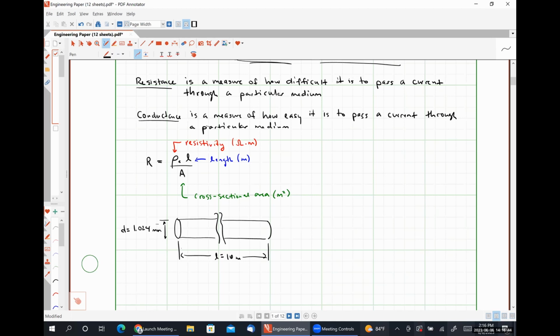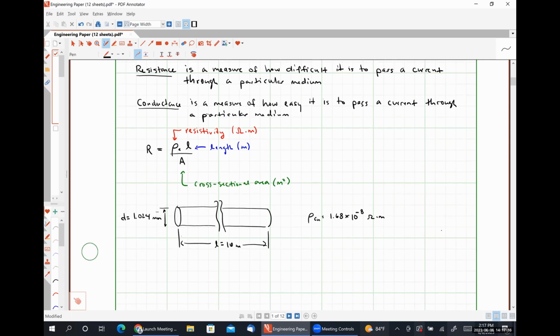Copper has an electrical resistivity, so I'm going to have rho Cu. So the resistivity of copper is 1.68 times 10 to the -8 ohm meters. And if we use this resistivity value and the geometrical properties of our wire, let's figure out what the resistance of this 10-meter long section of wire is going to be.